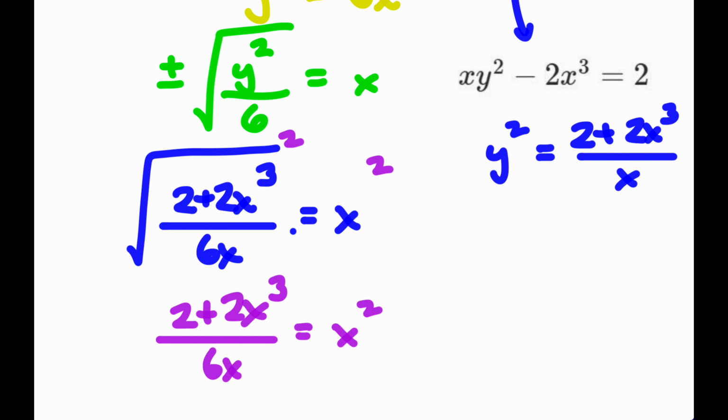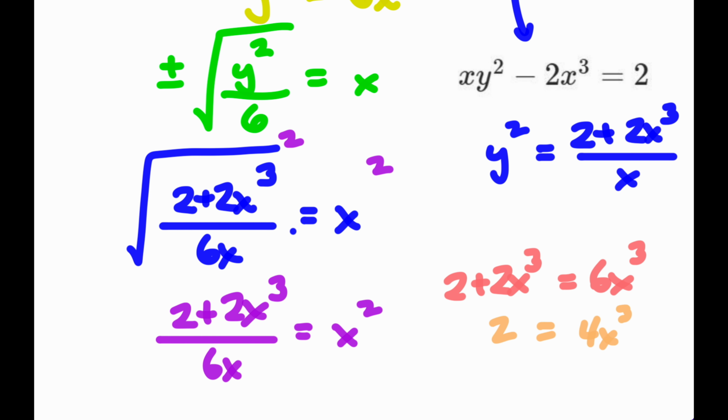Okay, I'm going to multiply both sides by 6x, and you end up with 2 plus 2x cubed is equal to 6x cubed. Holy cow, this is getting crazy. I love it. All right, and then we're going to have 4x cubed here is equal to 2. Divide both sides by 4, cube root it, and x is equal to the cube root of 1/2.